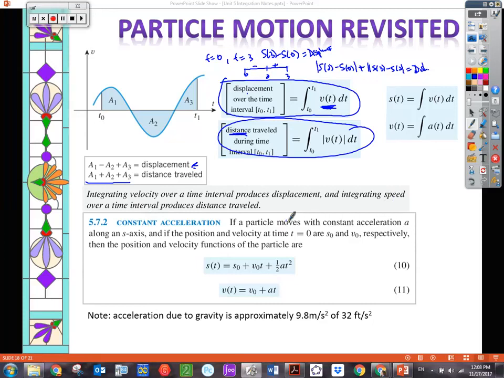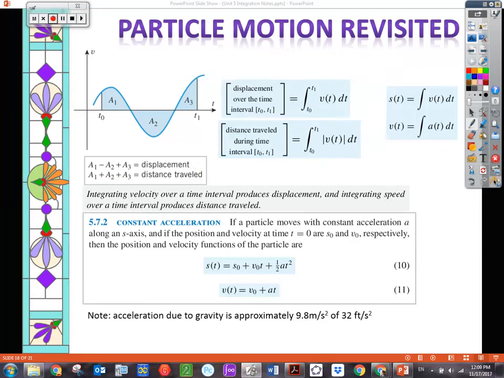Okay. So these two formulas right here will certainly be on formula quizzes. Those are important formulas. We need to know how to find displacement using an integral, and how to find distance using an integral. Okay, these aren't going to be on formula quizzes.